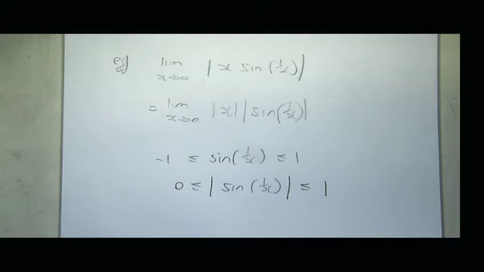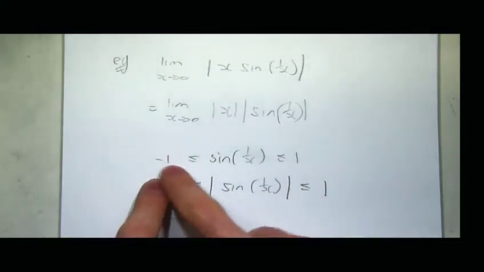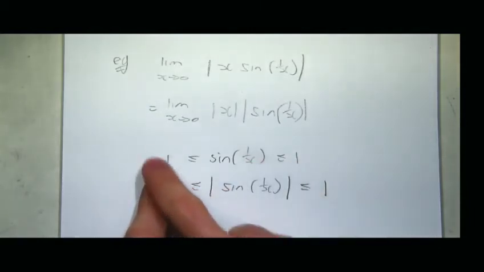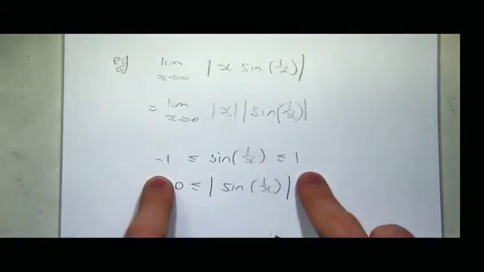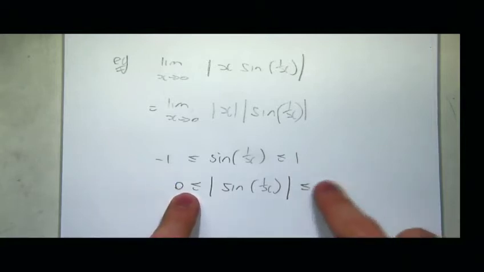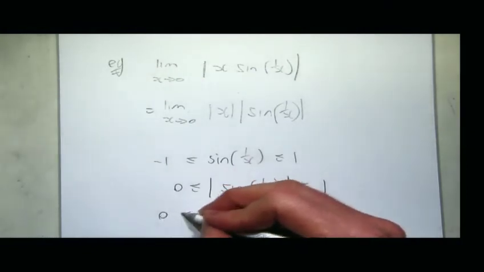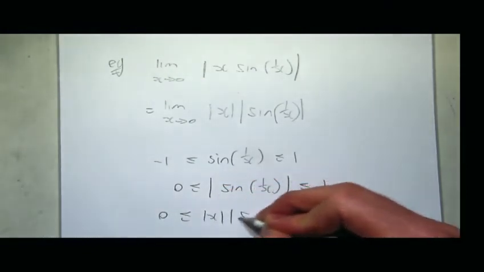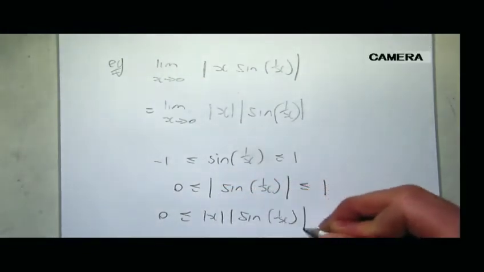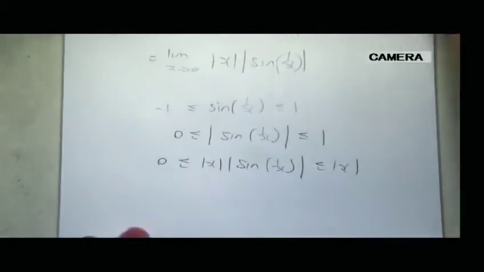So that's what happens. I would say that if these two numbers were different, if this was a 2 and this is a 1, not that it will happen, you would take the absolute, it would always be 0 here, and this would be whatever the biggest of those two numbers was. All the same, now I can just multiply everything by mod x. And I can use the squeeze theorem.